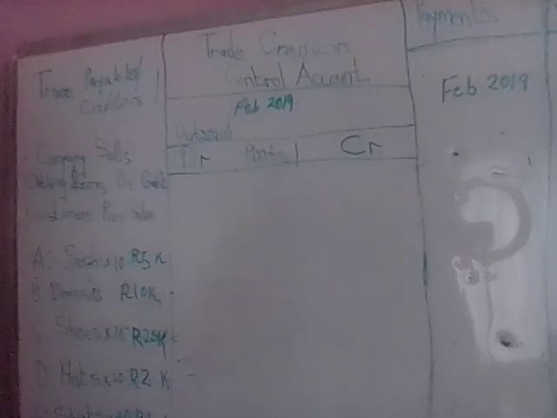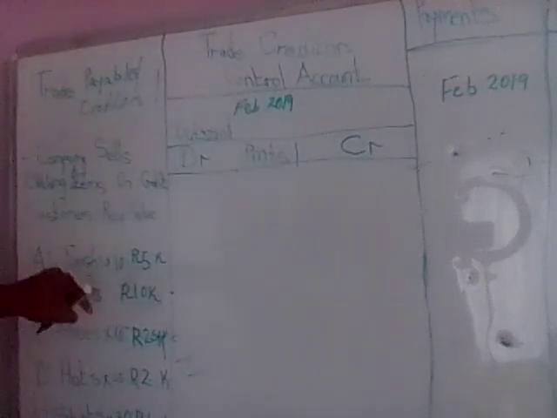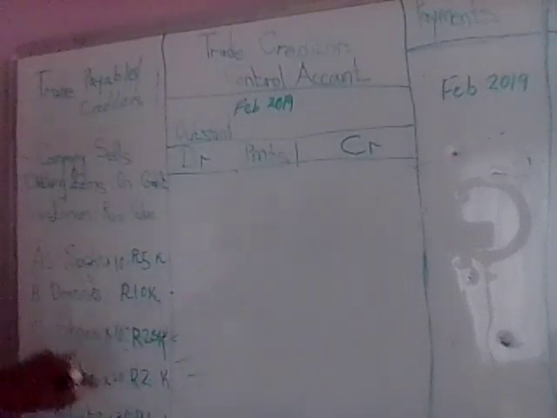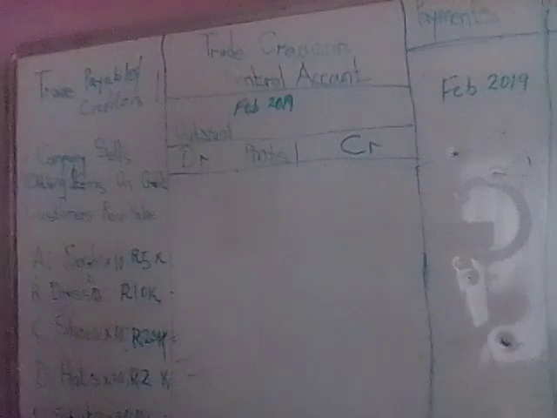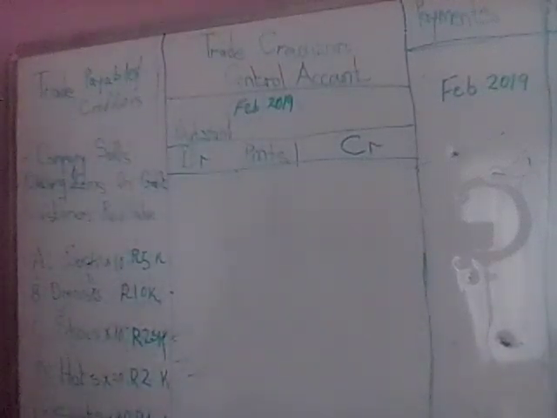So I basically want us to understand that when we initially made purchases, which are over on the left hand side, from our suppliers, just as we spoke about earlier, we would have had to recognize a liability.